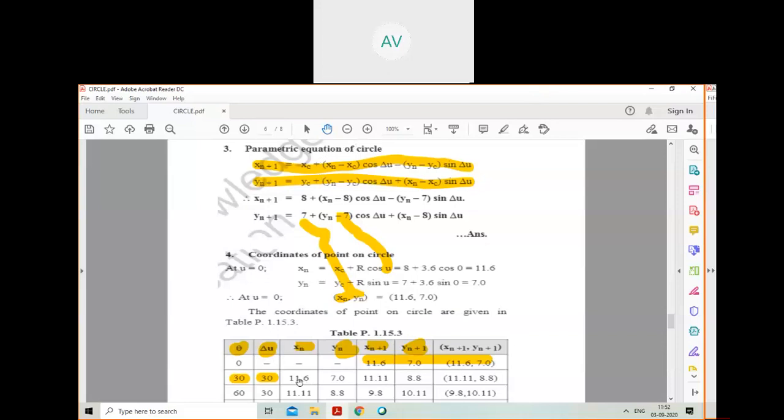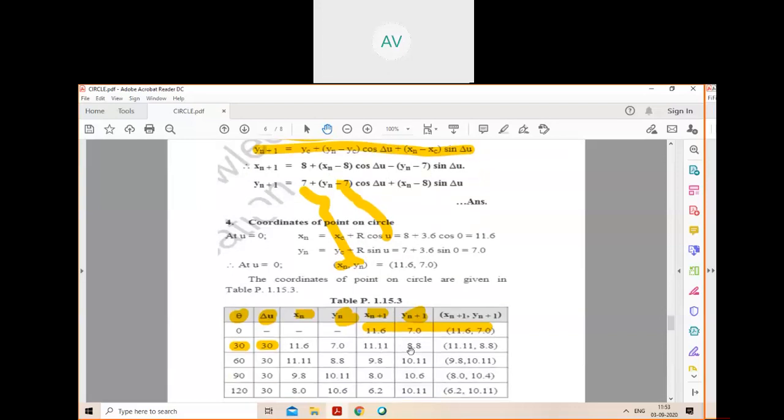So here we take xn, xc we know, cos we know, and delta u, a 30-degree incremental, we will take. And again here yn, and xc we already have, so we put those values in and we get the next point.